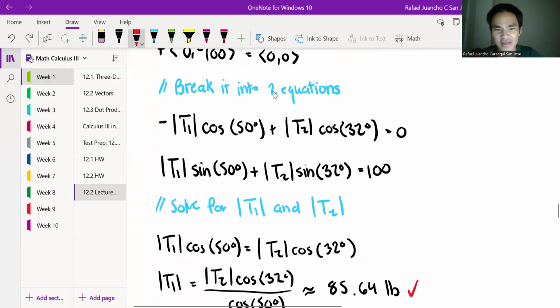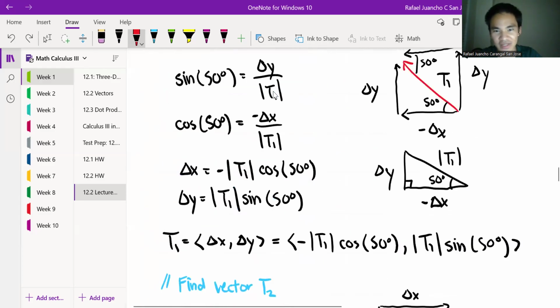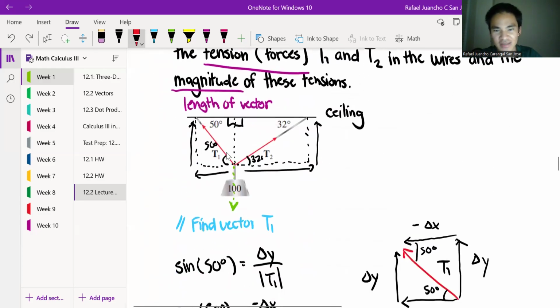And this one also has a nice application to it. It's the weight that's going down. But basically, the idea of these problems is you want to put vectors in everywhere. There's a vector here, there's a vector here, there's a vector here. And you want to get those vectors, you want to add them up.